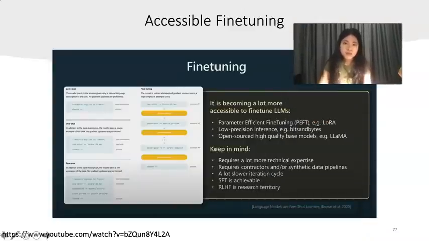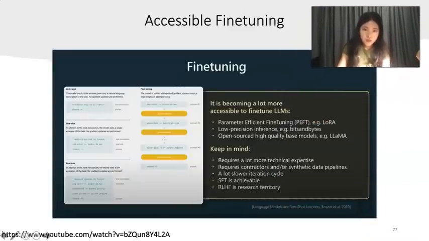And talking about more accessible fine-tuning, we can always fine-tune a large language model, right? But it's very costly, and we don't always have the equipment and computing resources that large companies do. But we can still achieve that.